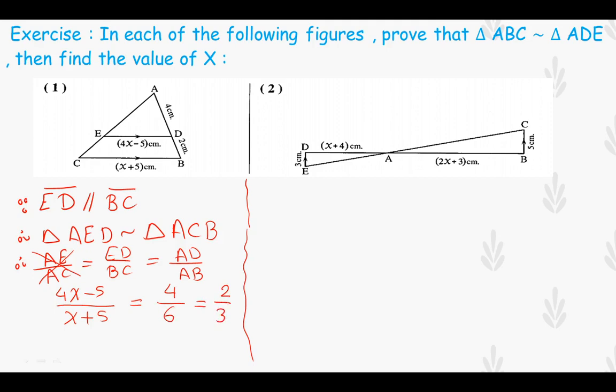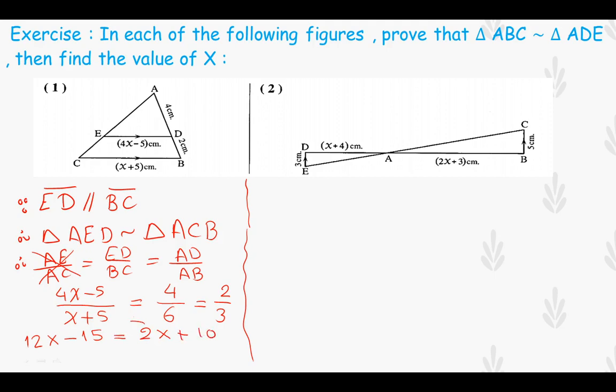Cross multiplication. 3 times 4x, which equals 12x. 3 multiplied by negative 5, which equals negative 15. This equals 2 times x, which is 2x, and 2 times 5, which equals 10.